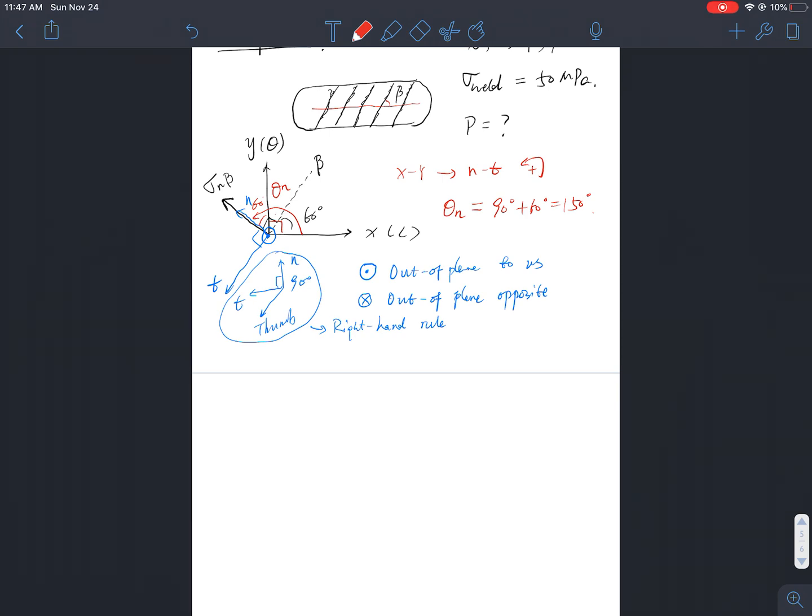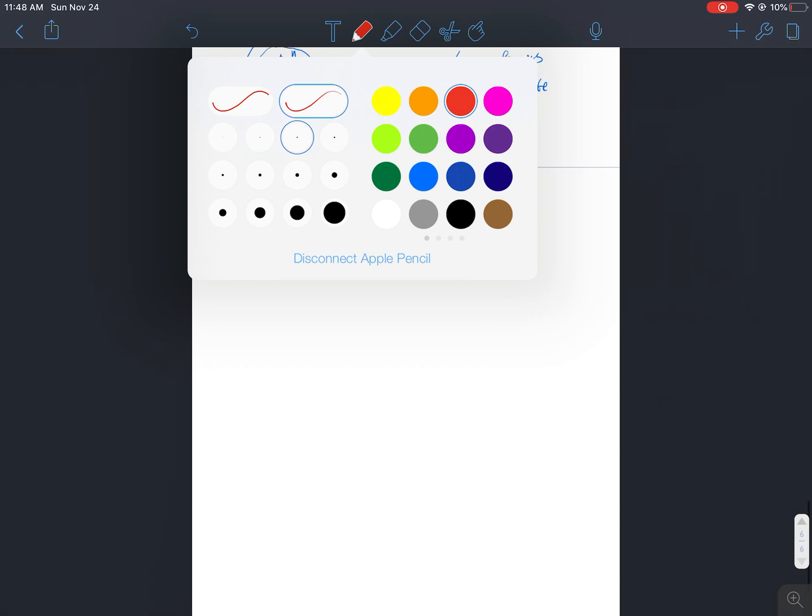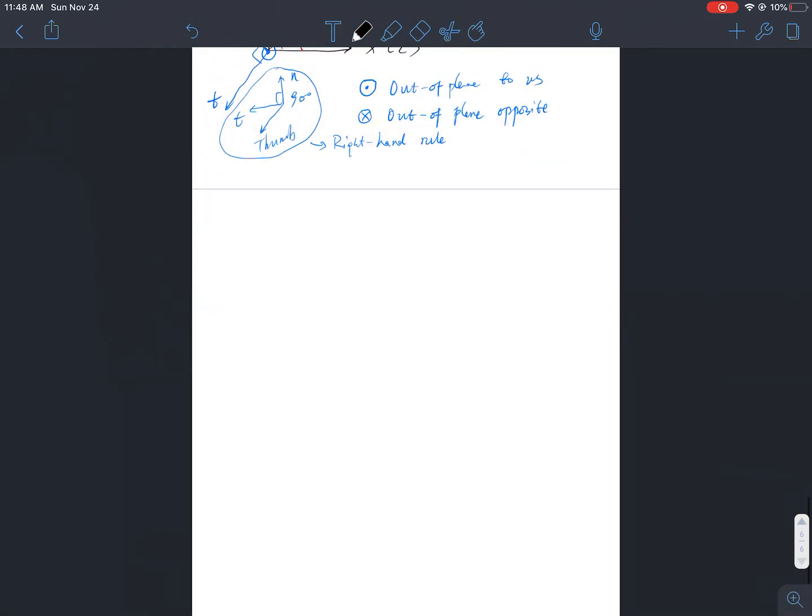So what you're seeing here is I already start thinking about stress transformation because I know it is easy. Let me write it down. Key point: first, this is a combination of pressure vessel and stress transformation.